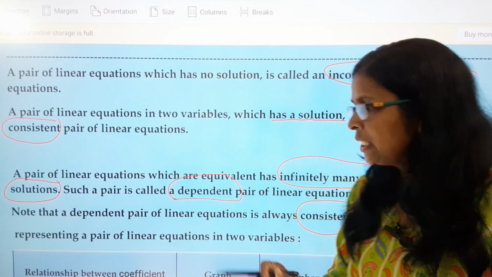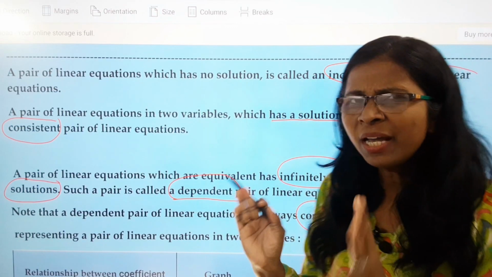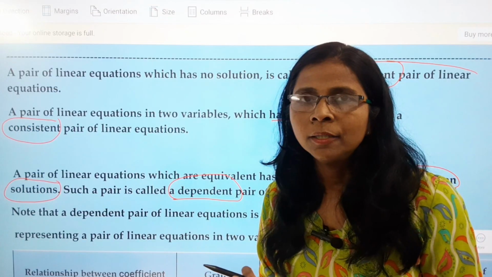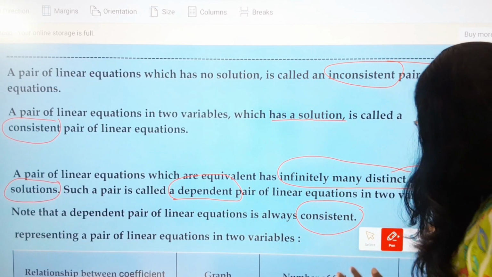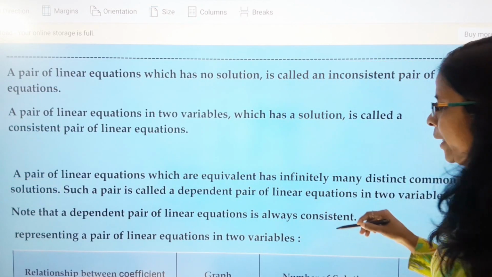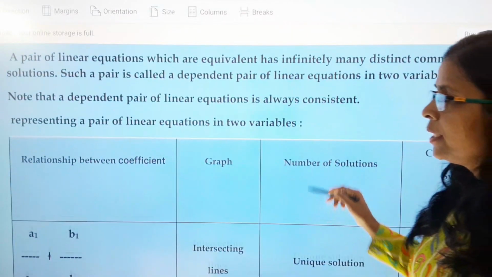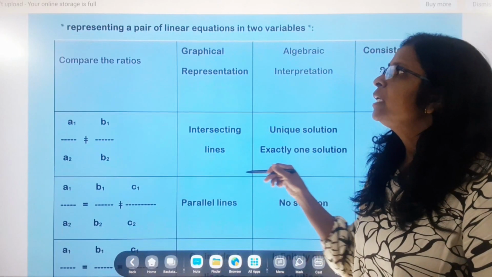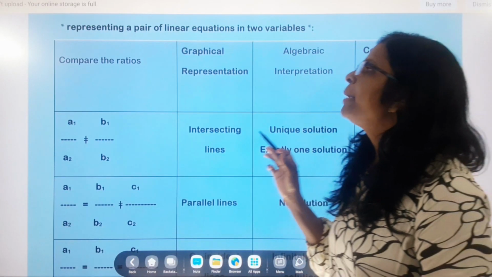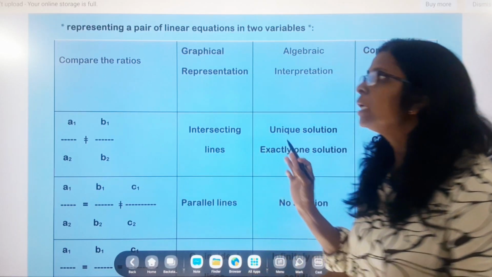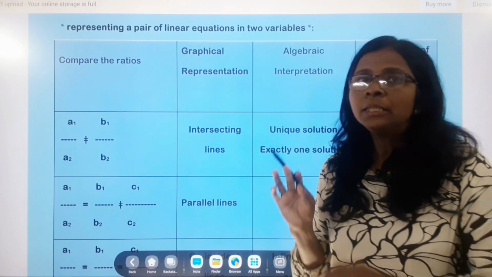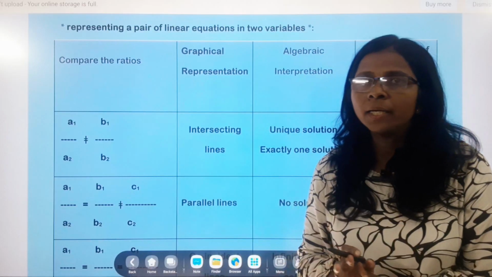So if you summarize these solutions, we can see the representation of a pair of linear equations in two variables in tabular form. Then this point will be clear.